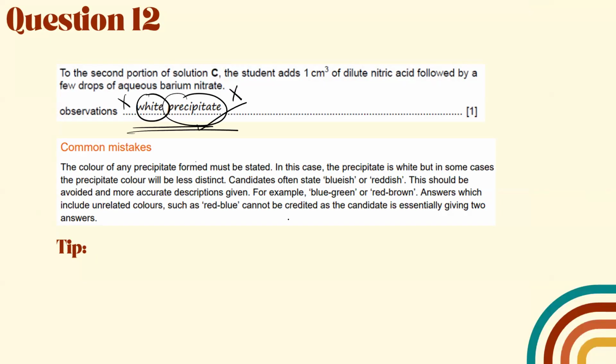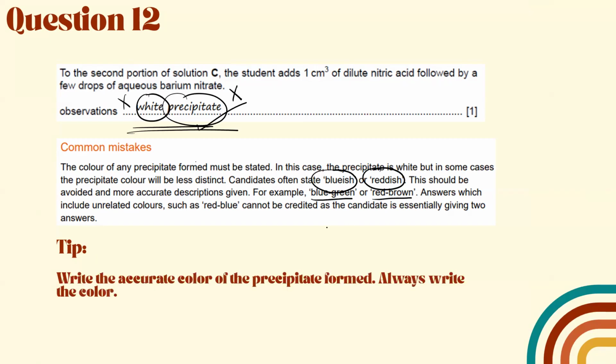Slang language will not be acceptable. Students often state bluish or reddish. This should be avoided and more accurate descriptions given, for example blue-green or red-brown. This is correct. Write the accurate color of the precipitate formed. Always write the color. You can see them in the data sheet and write it.